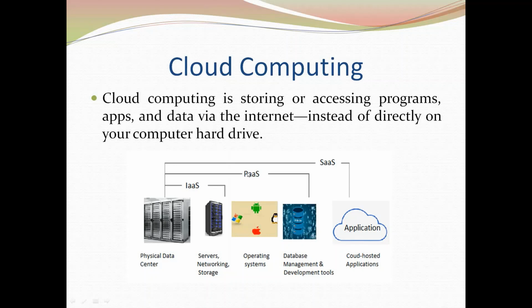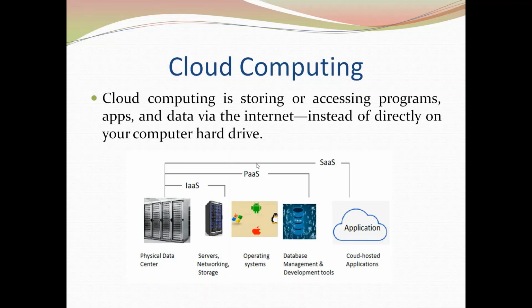Next is platform as a service. From this name itself we can understand that facilities such as development tools, infrastructure, and operating systems are made available over the internet. These facilities are available on the server of the cloud, and they are made available to the prospective customers.